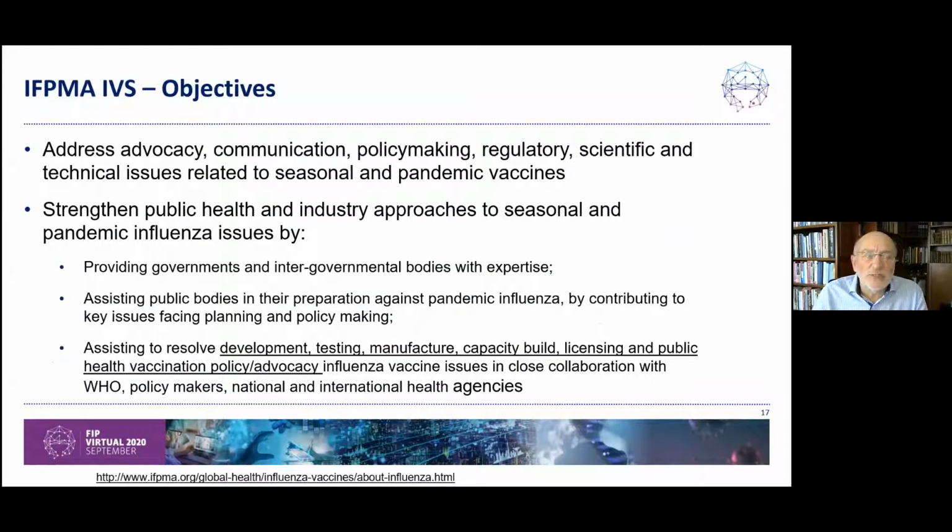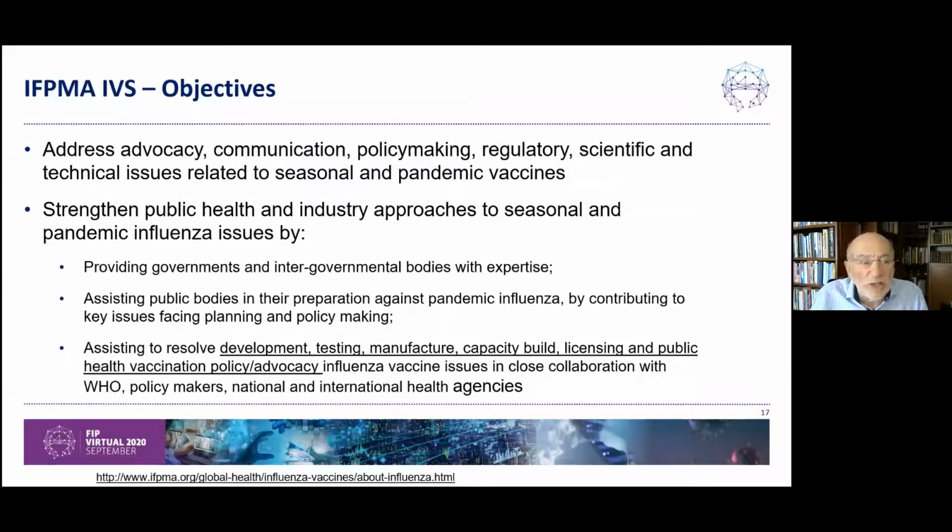The objectives of the IFPMA and the IVS task force is to address the whole field: advocacy, communication, policy making, regulatory, scientific and technical issues, all related to seasonal and pandemic influenza vaccines. And with that, we try to strengthen the public health and industry approaches. And we do that in different ways, working with governments and intergovernmental bodies.